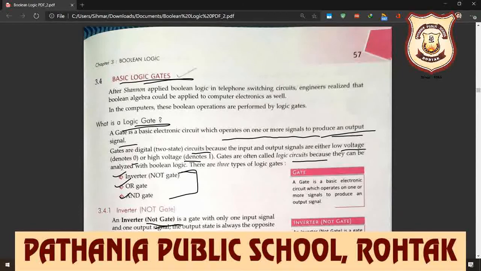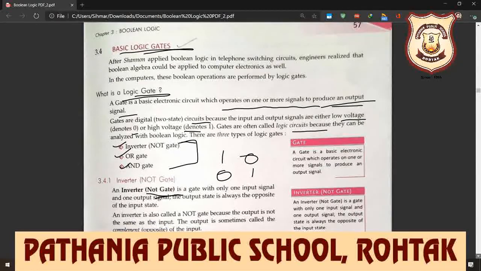If you input 0, then your output is 1, and if you input 1, then your output is 0. Always if you input 1, you find the output is 0, and if you input 0, you find the output is always 1 in NOT gate.